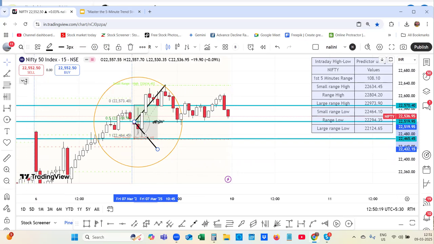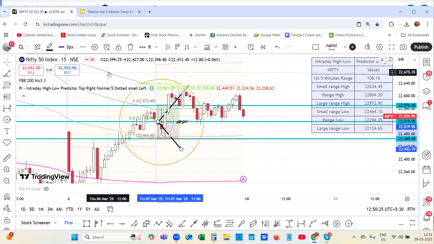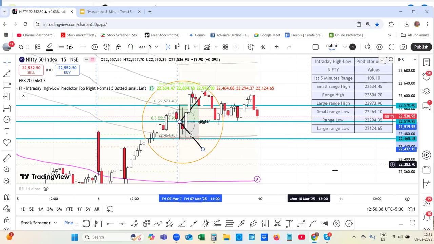I have used the pi indicator and I am also using the Fibonacci tool, both things. Fibonacci for the levels. You can see the confluence of the Fibonacci levels with the pi levels, and in-between levels also you are getting. It's so clear.